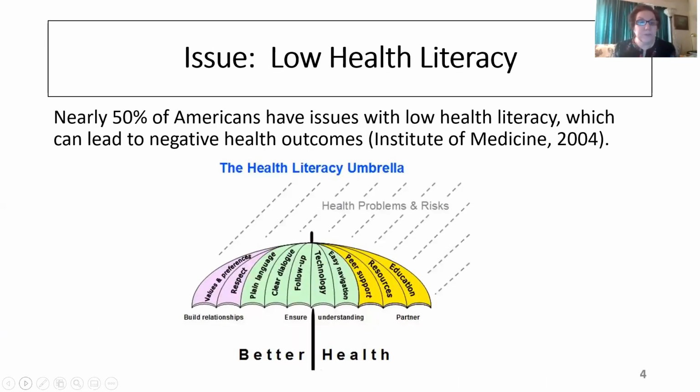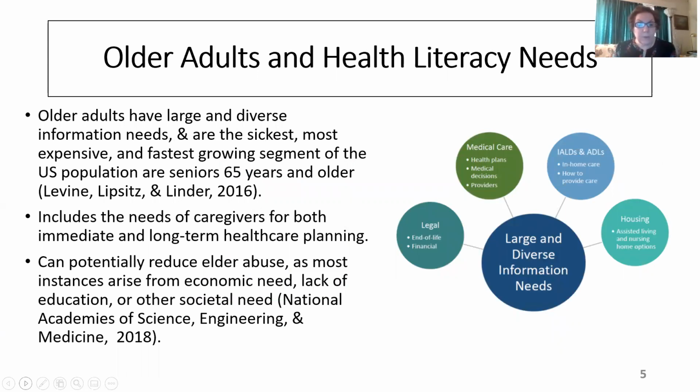Now, one of the issues is low health literacy, and we do see this in the USA. Nearly 50% of Americans have issues with low health literacy, which can lead to negative health outcomes. When we also think about the populations of patients, the subpopulation of older adults often comes up because they are one of the higher utilizers of healthcare services.